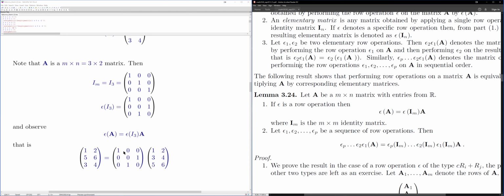If I take 1, 0, 0 and multiply it against the entire matrix, I pick up the first row, 1, 2. When I take 0, 0, 1 and multiply it against the entire matrix, I pick up the last row, so that gives me 5, 6.